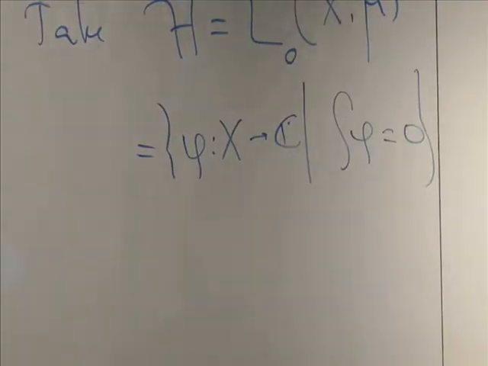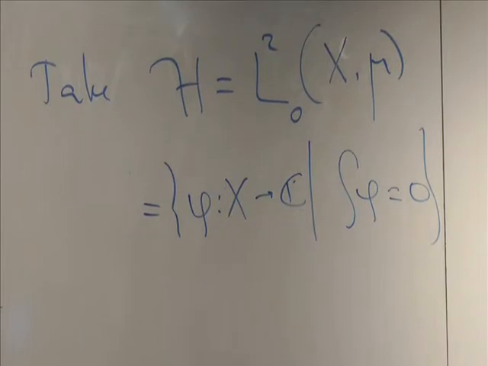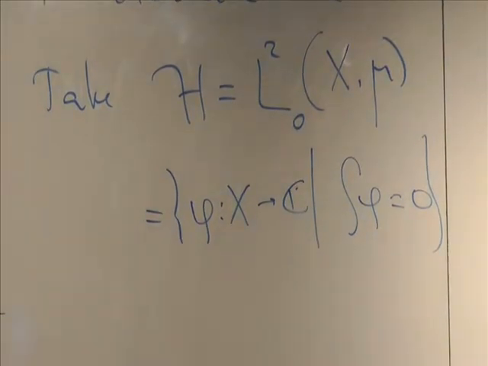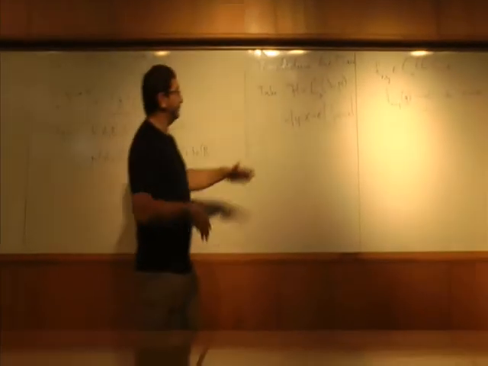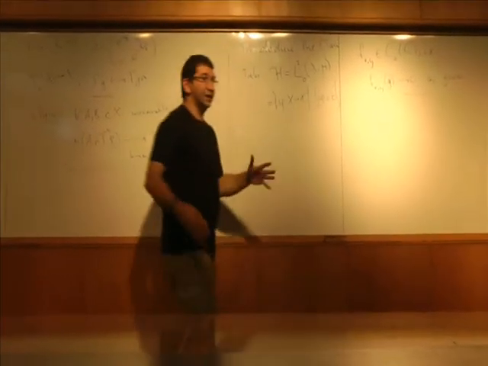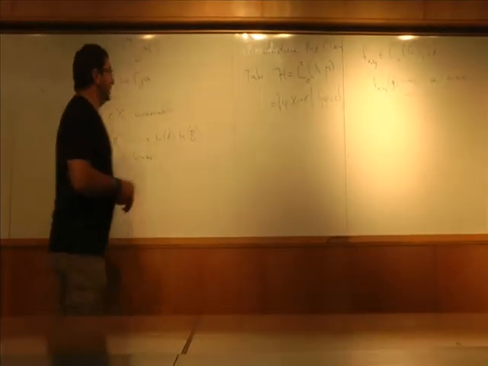Constant functions form invariant vectors, because by shifting, a constant doesn't change. By ergodicity, the space of functions with 0 integral is also an invariant subspace.